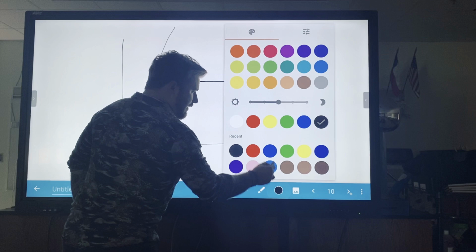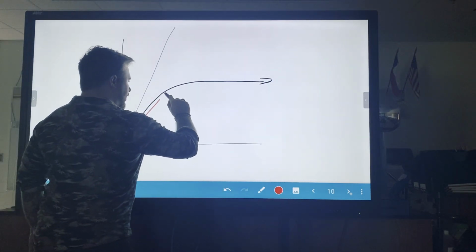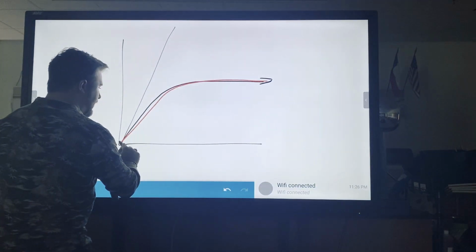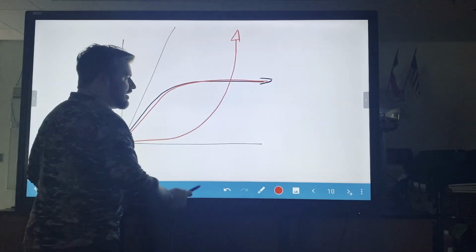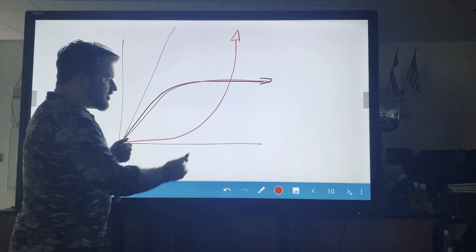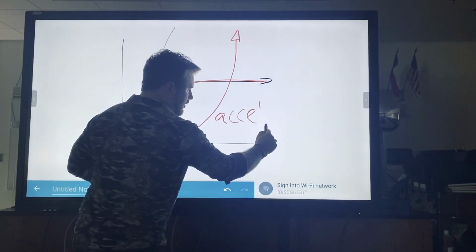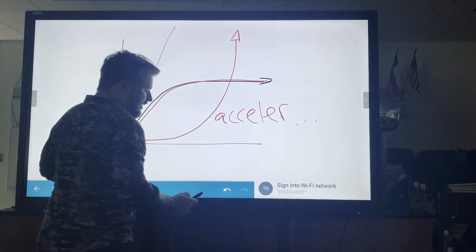See that curve? That curve right there is also acceleration, except in the other way. So if this is accelerating and going faster, guess what this is? Accelerating and going slower, right? So if this is acceleration, guess what this is called?